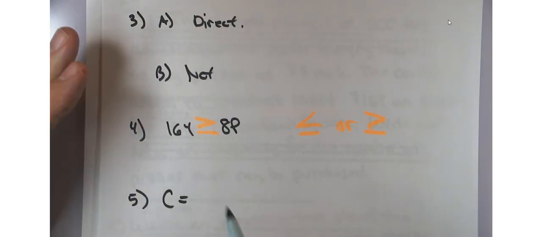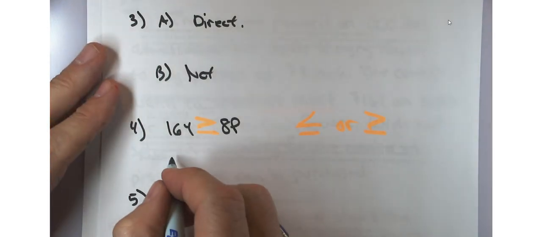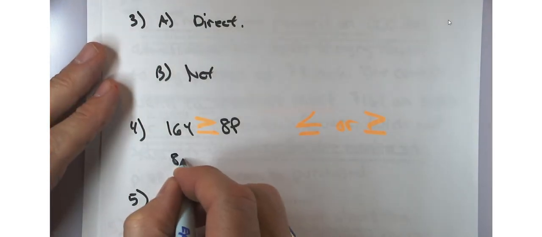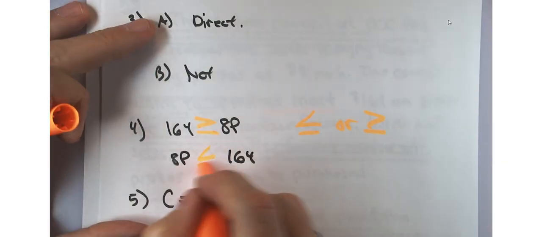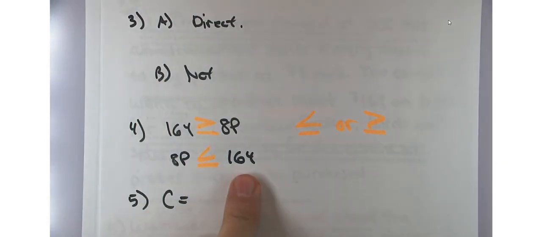Tell you what, let me put it a different way. Let's just reverse those roles. Put 8p here and 164 here. It's the same two things, but here, if you want to spend at most this much, now the inequality is going to run this way. Here's how much you're going to spend, or here's your budget.